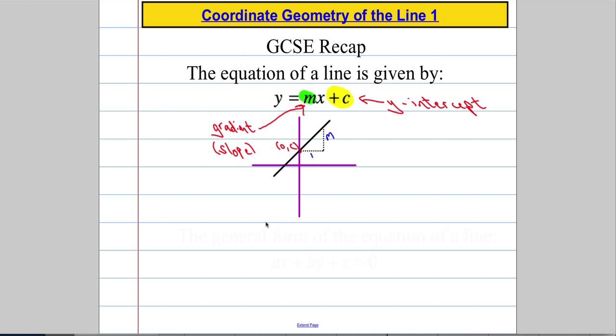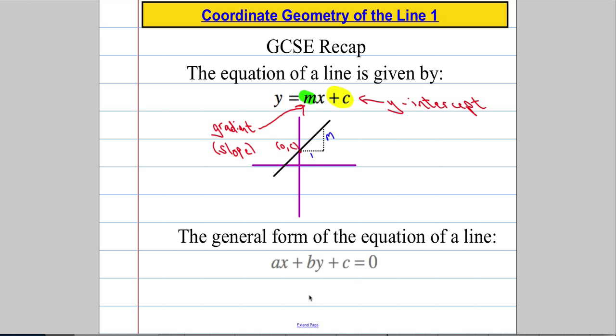But also at A level, sometimes linear equations can be written in what we call the general form, and that's ax plus by plus c equals 0, where a, b, and c are all integers. So they are all elements of Z, and integers are positive or negative whole numbers.